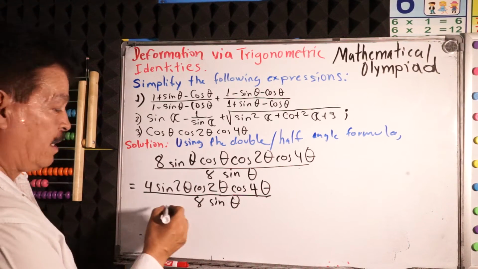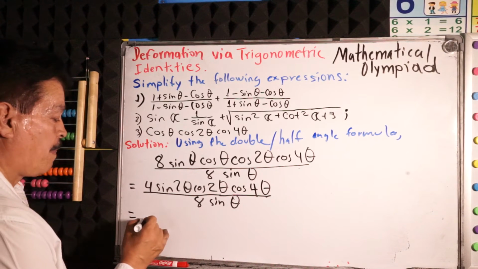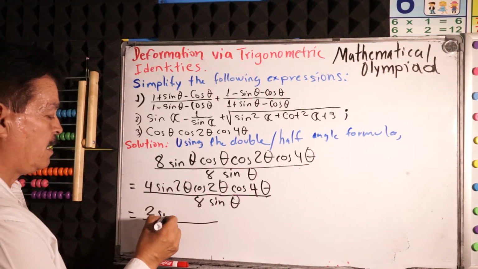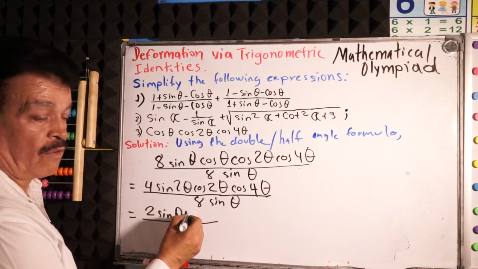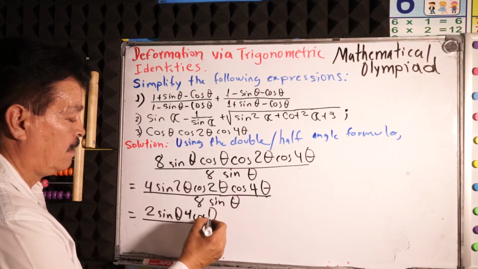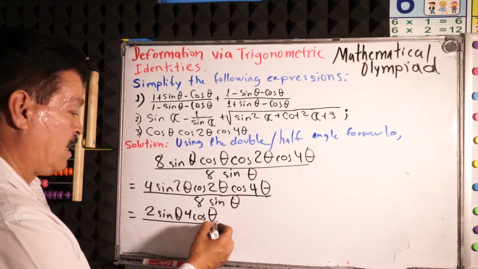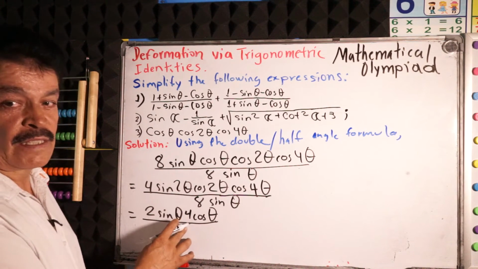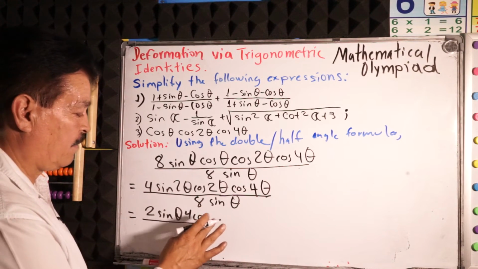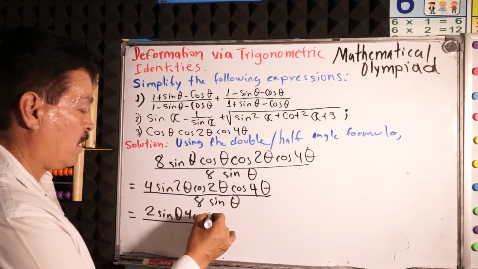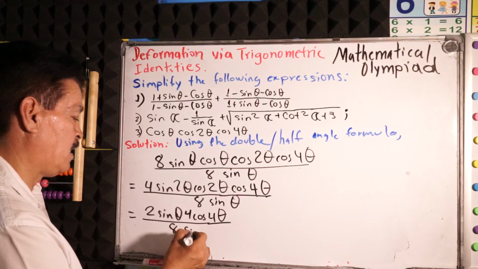Okay, so the last step, we will have here 2 sine 4 angle, cosine 4 angle, yes, 4 cos 4, talking about the angle, divided by 8 sin, 8 sine.